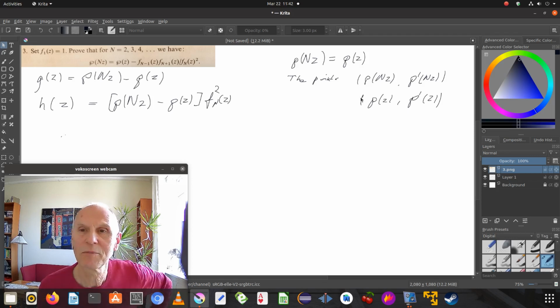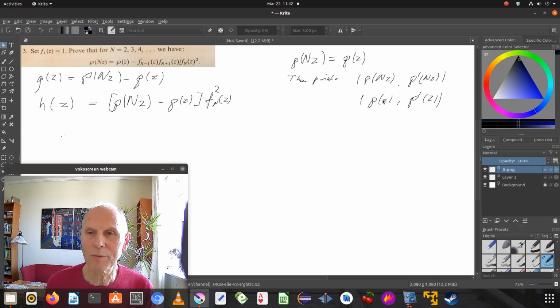And of course, we still have the problem whether they might be the same. Oh, there are 2 possibilities. So they may be the same point or they may be opposite points.